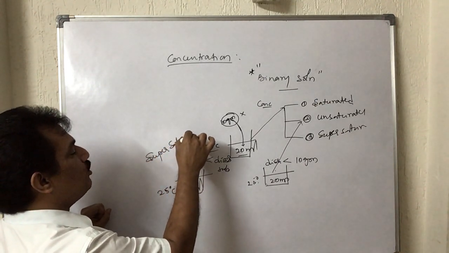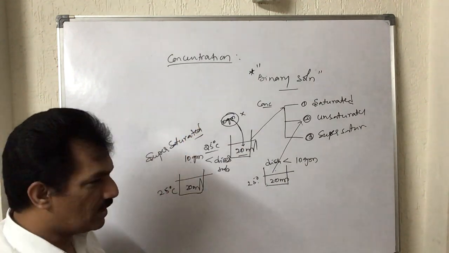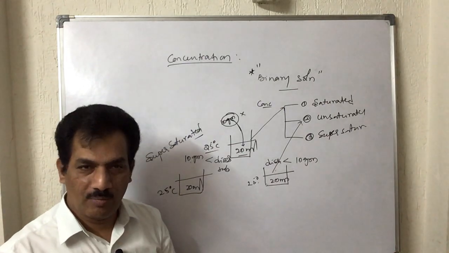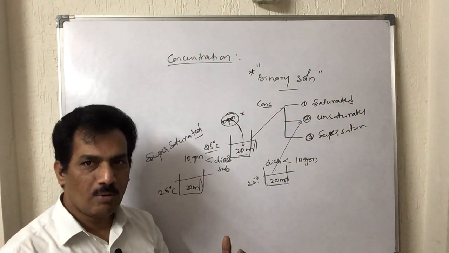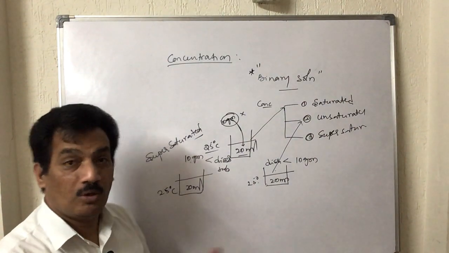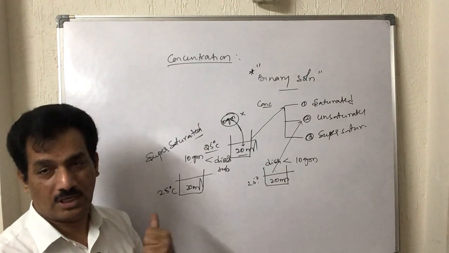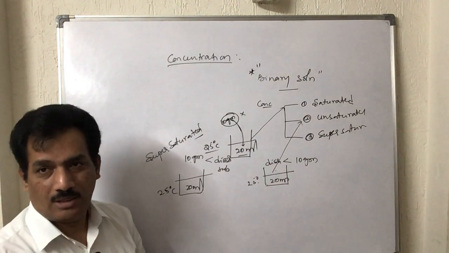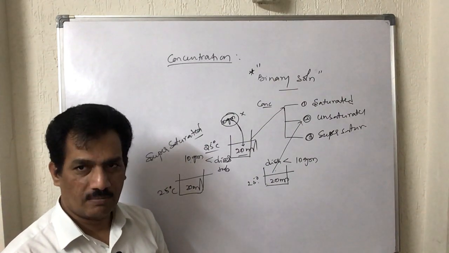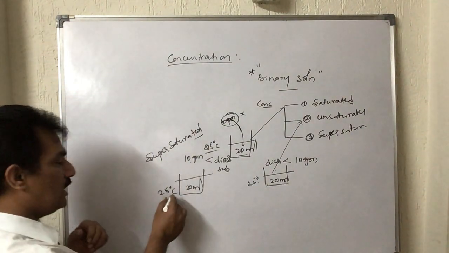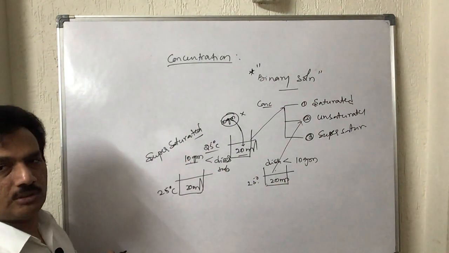Now again you may have the doubt: sir, we are assuming that 10 grams is the maximum extent at 25 degrees centigrade, so how is it possible to make more than 10 grams dissolve in this 20 ml of the solvent? That doubt may arise. At 25 degrees centigrade, we actually can't dissolve more than 10 grams.